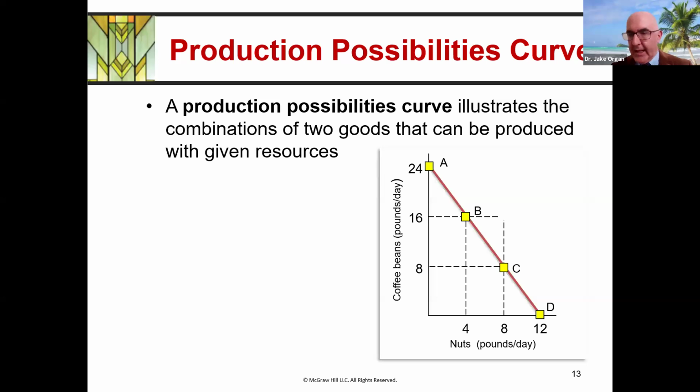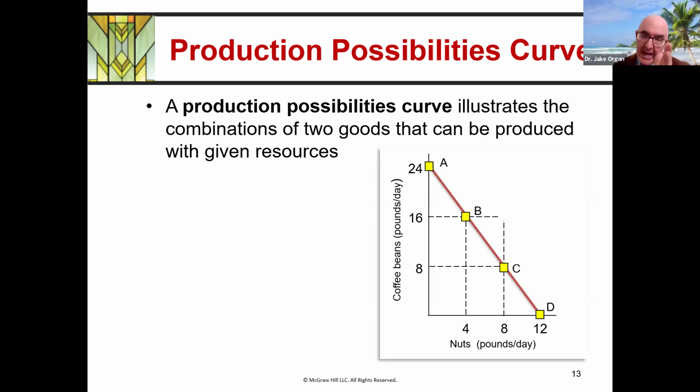So imagine looking at this model. On the vertical axis, there's the amount of coffee beans in pounds a day that someone can produce. Maybe it's just one person, and a number of nuts in pounds per day that someone can produce. And this is the same person. So if they concentrated purely on coffee, they would produce 24 pounds. If they concentrated purely on nuts, they would produce 12 pounds.